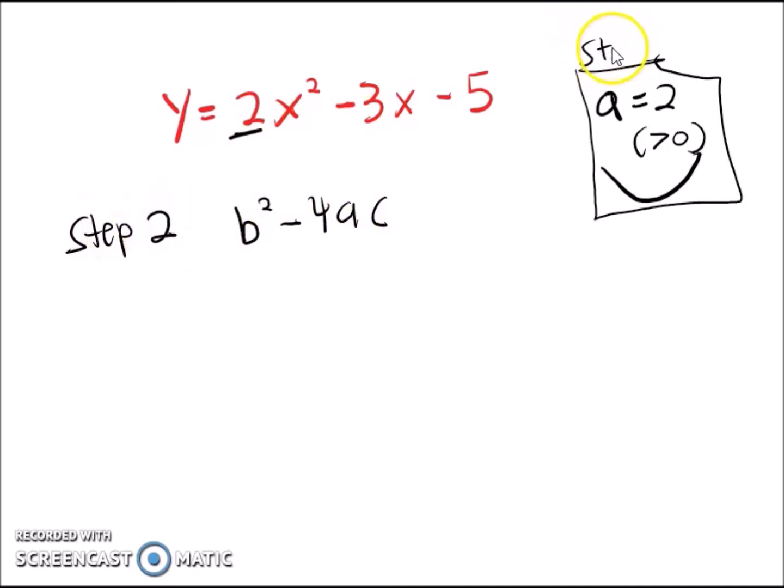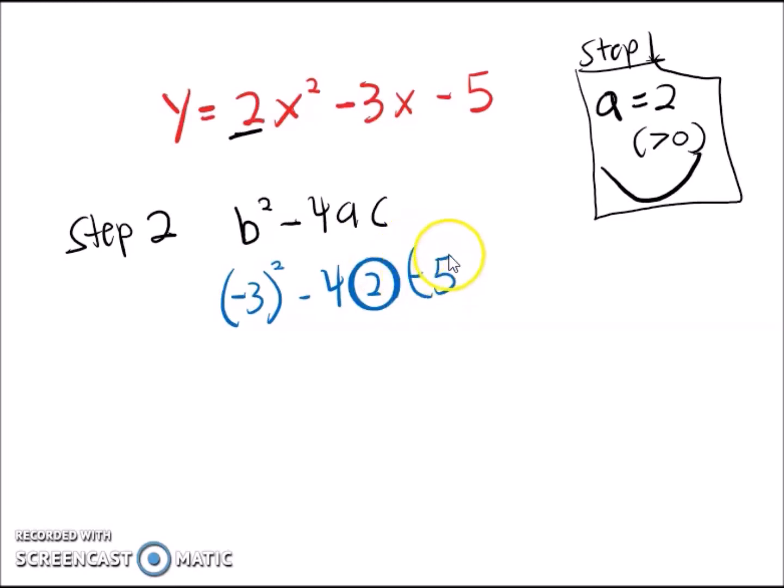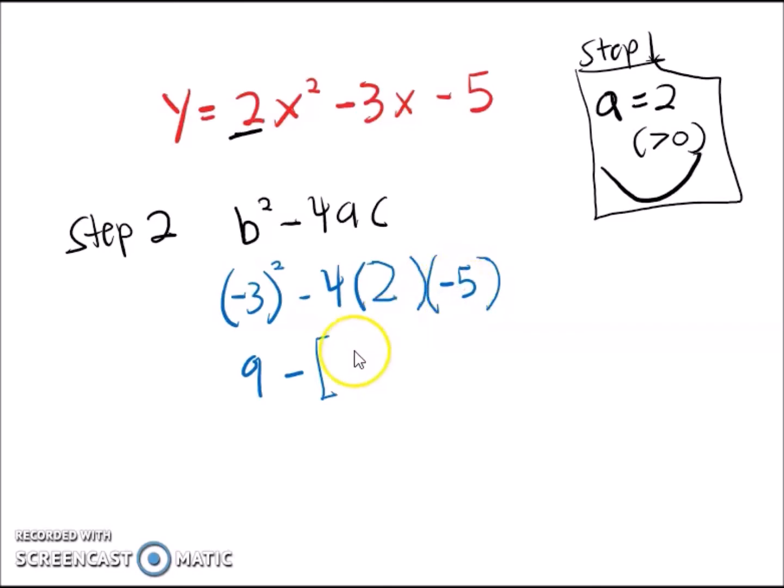So now the b will be negative 3. Negative 3, don't forget to put the bracket squared. The a will be 2 here, and c will be negative 5. So we just have to substitute all this, and we find the value here. Here we have 9, and we put a bracket here, so we have here 8 multiplied with negative 5, so we got here negative 40.